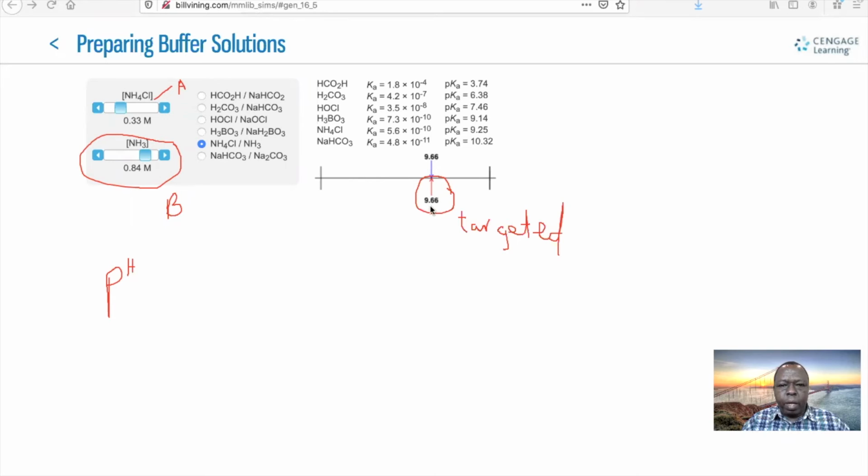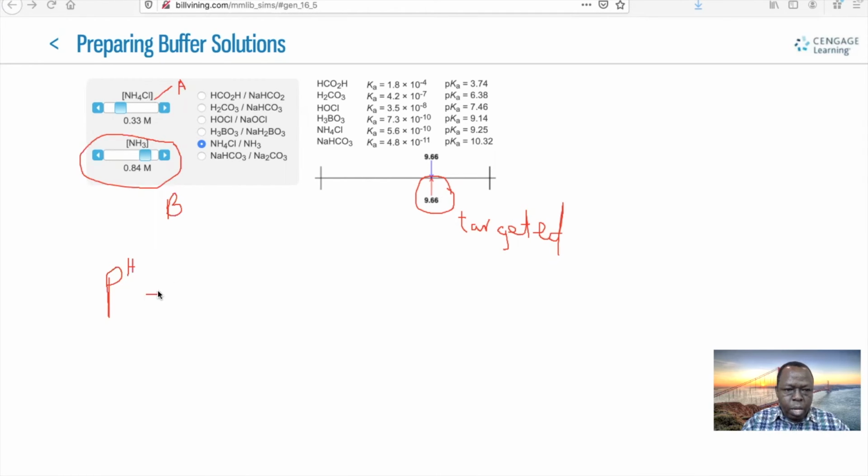The red arrow pointed to 9.6. But in the data sheet, I have already highlighted what the targeted pHs are. Yours is to adjust or change the concentration of the acid and the concentration of the base by picking one of these using the criteria I just pointed out. How do I select the acid-base pair?